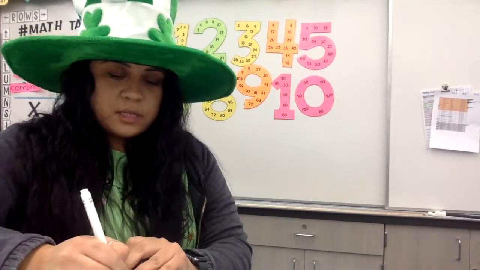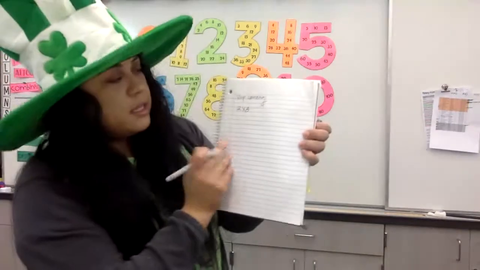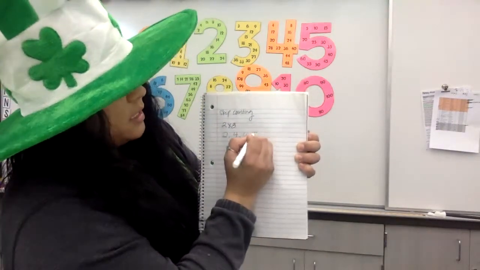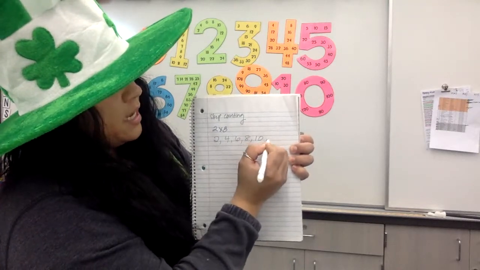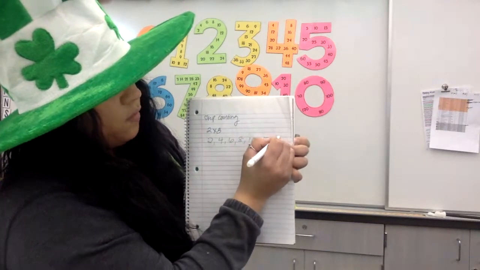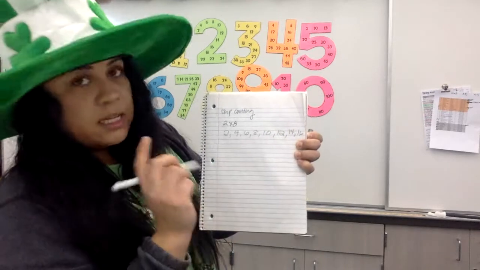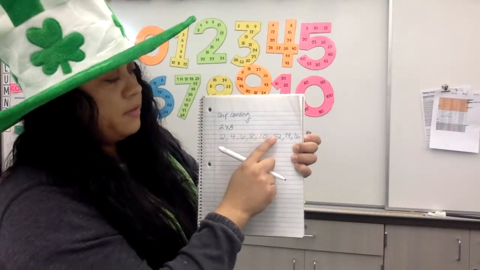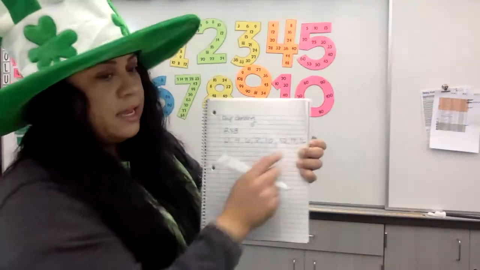So for example, if the example was 2 times 8, then in your book you would go 2, 4, 6, 8, 10, 12, 14, 16. That's supposed to be 8 groups. 1, 2, 3, 4, 5, 6, 7, 8.